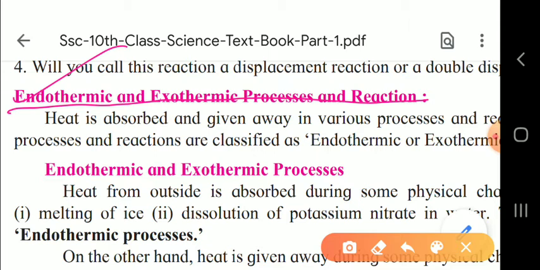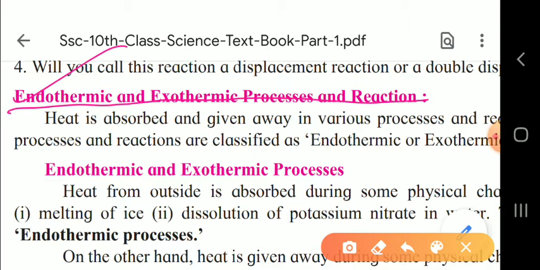And in some reactions heat is given out. For example, formation of ice from water, dissolution of sodium hydroxide in water. In these processes the heat is given out. That is why they are called exothermic processes.